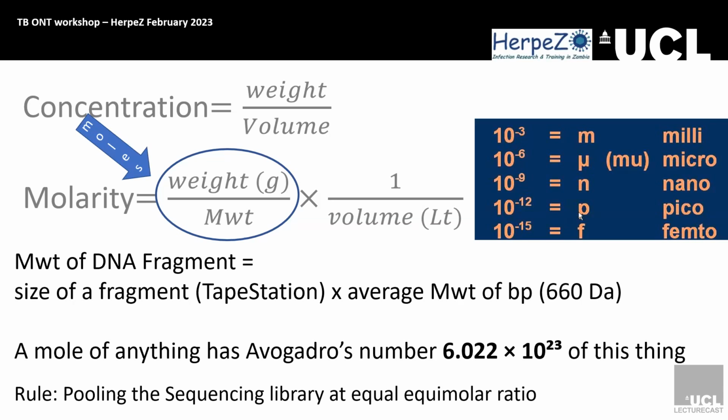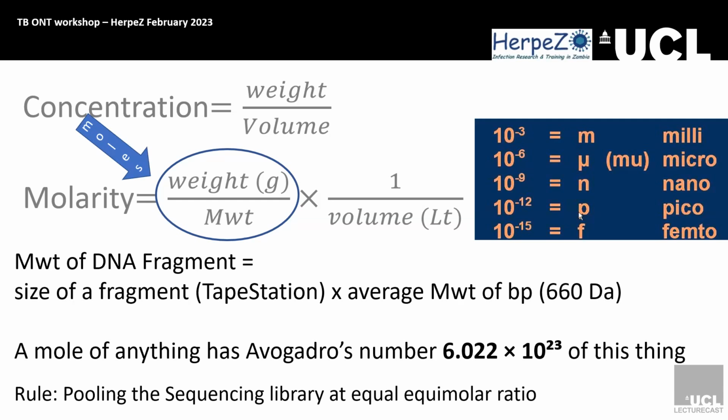There'll be a stage where we barcode and then we'll pool all the DNA into one tube, and that's the tube that will be loaded onto the sequencer. So we're going to take you through all the calculations that you need to do when doing your library prep.